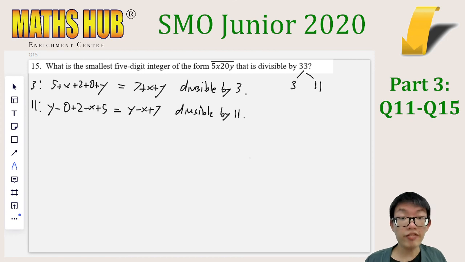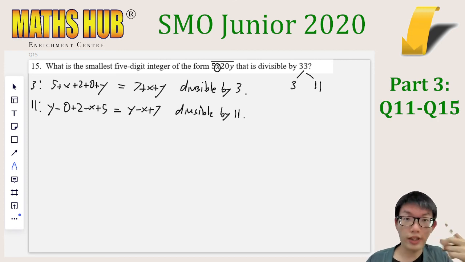We actually can find all possible x and y from here, and I'll leave that as an exercise. However, since the question asks us only for the smallest one, we should start with small values of x. So we could try small values of x and see whether the y's that result would satisfy both at the same time.